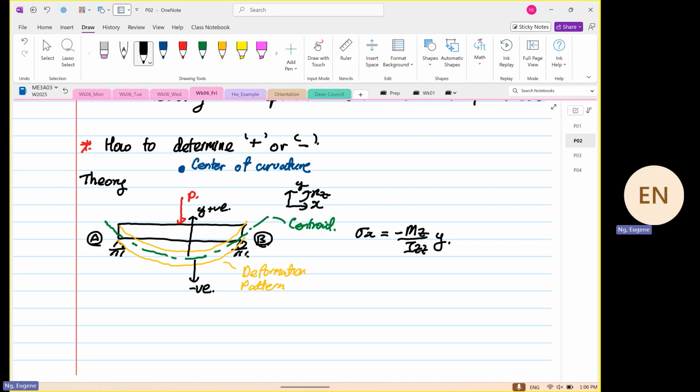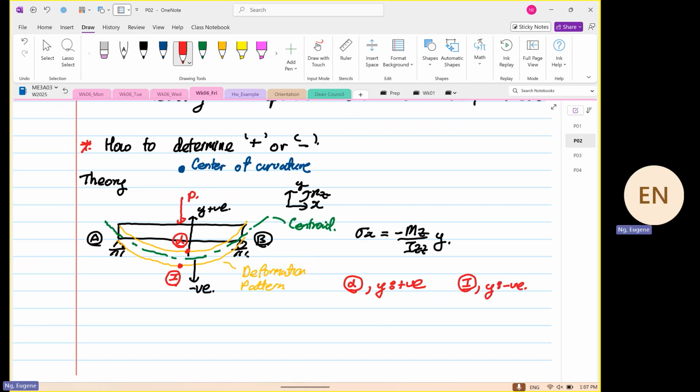So when that's the case, if we have a point at the top, which is called our alpha point, and another point over here known as our I, right? So for point alpha, y is going to be what? Positive. For point I, y is going to be what?